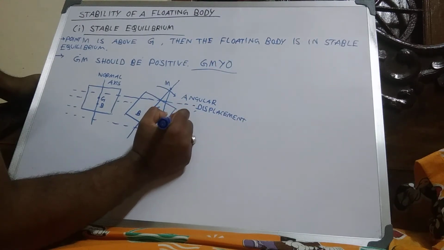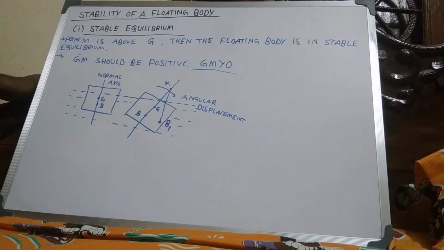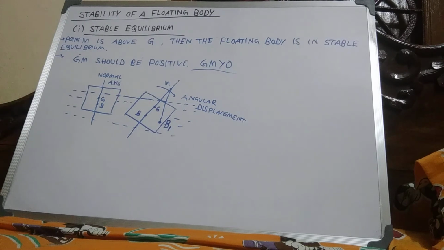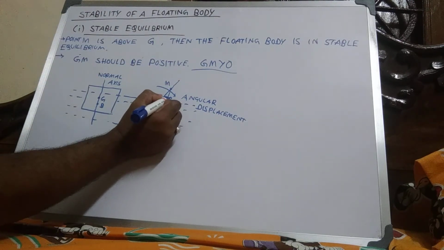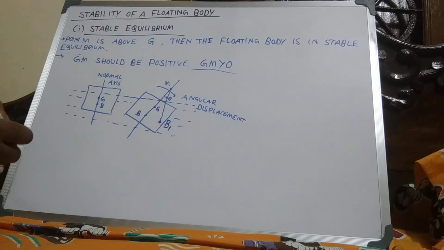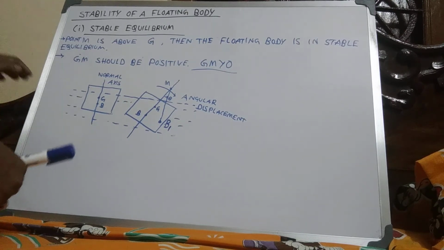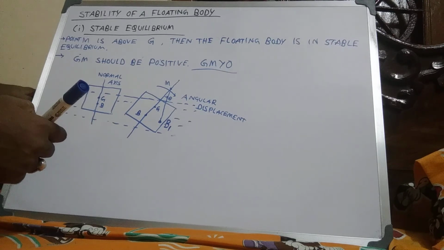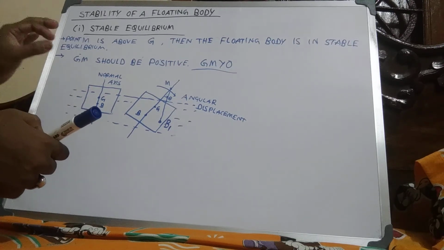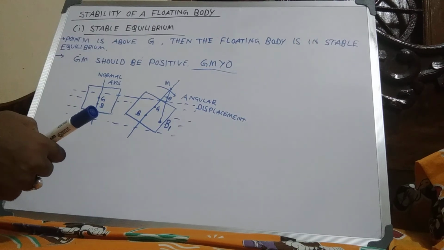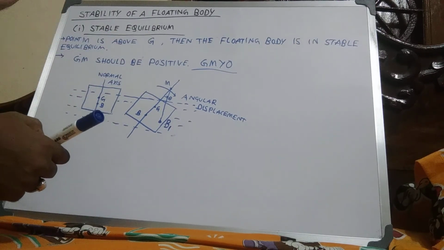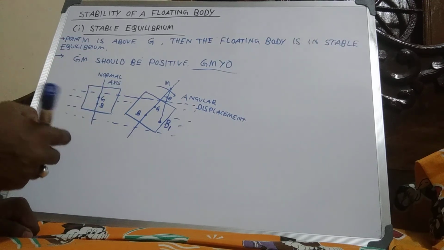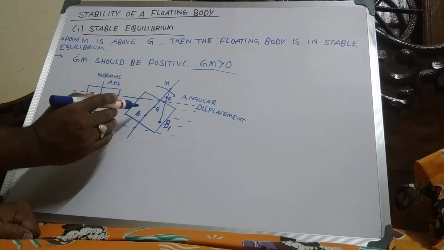This is B1. This angle is theta. When a floating body is given an angular displacement in the clockwise direction, the center of buoyancy shifts from B to B1.